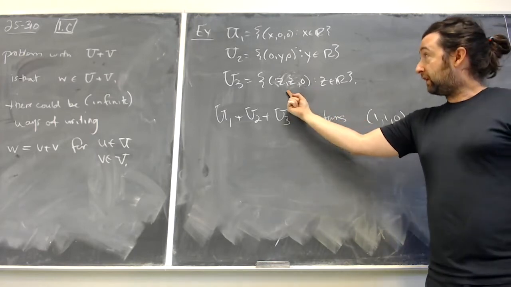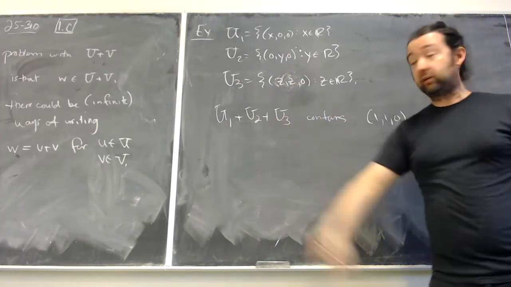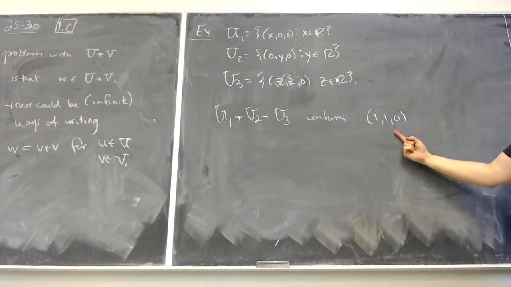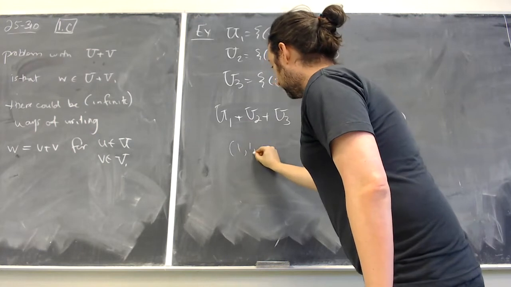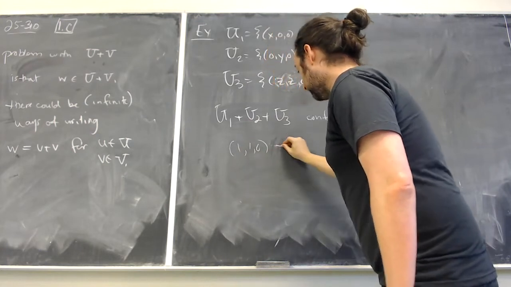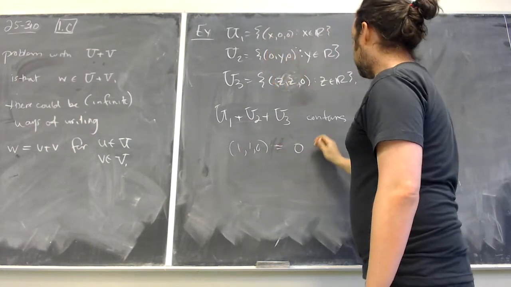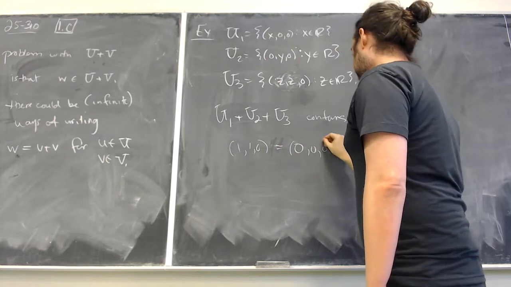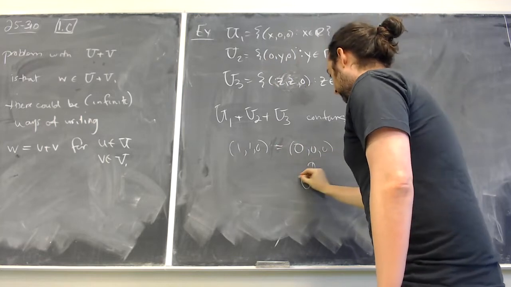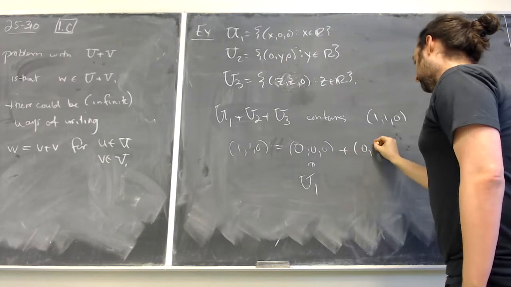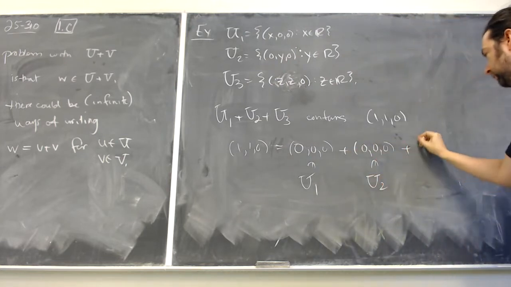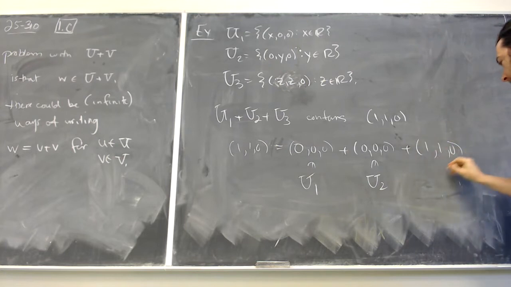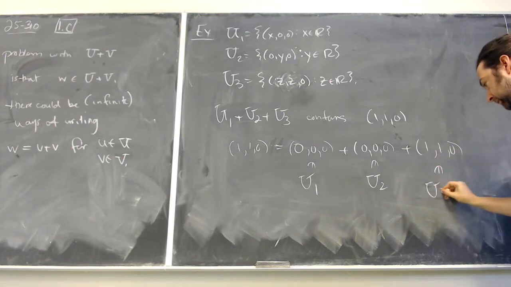So you take that and you add it to the 0 here and you add it to the 0 here. And so one way of thinking about the element (1, 1, 0), which lives inside the sum, is that it can be written as (0, 0, 0), which is an element that came from U1, plus (0, 0, 0) as an element in U2, plus (1, 1, 0), which is an element of U3, right?